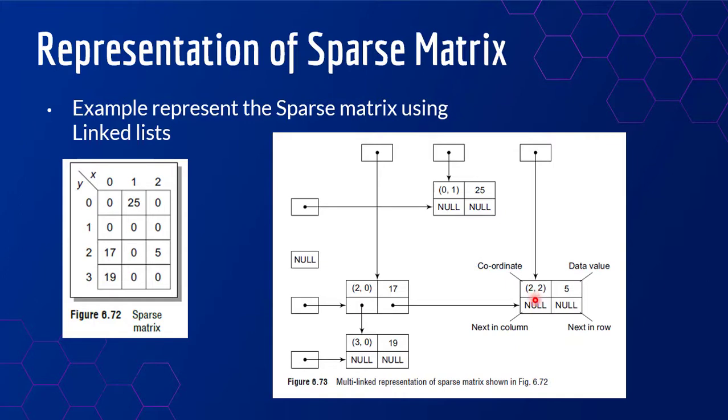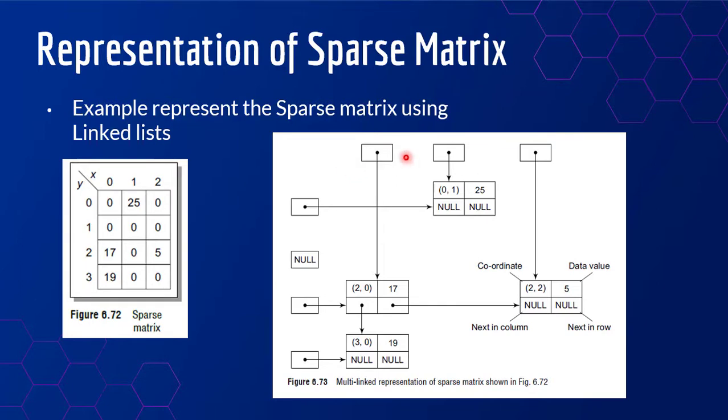The same is the case with this node also: after this node, there is no node in the column, so we put null like this. This way we can represent any number of non-zero elements of a sparse matrix using a linked list. The only thing is, how many columns you have.